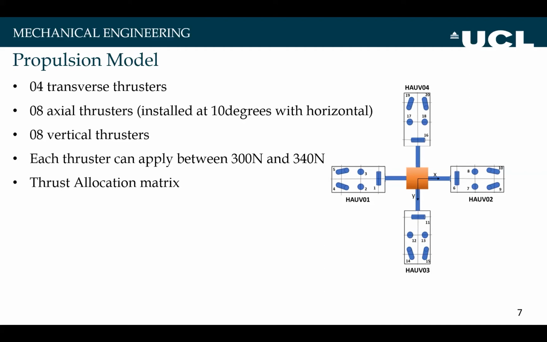So in total, the axial thrusters have an angle of 10 degrees, but overall all the axial thrusters on the 4 vehicles would have equal effect in surge and sway. The thrust allocation matrix was developed, keeping the effect of all the thrusters about the center of the combined body, that is the center of the payload.